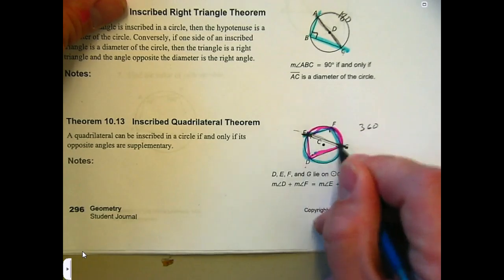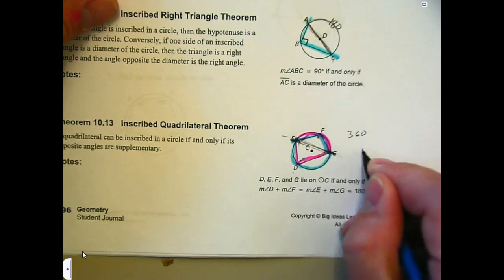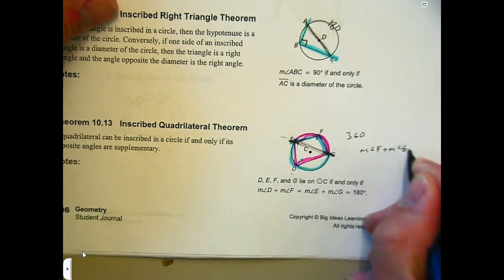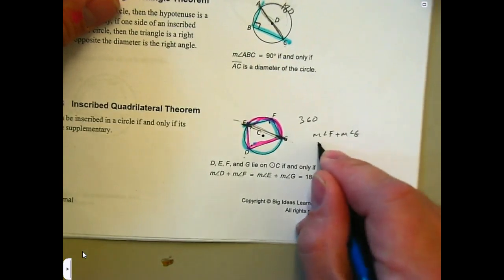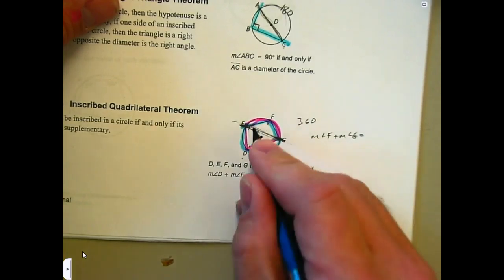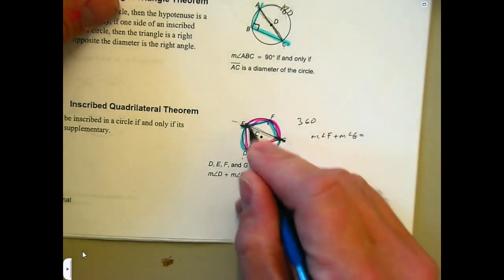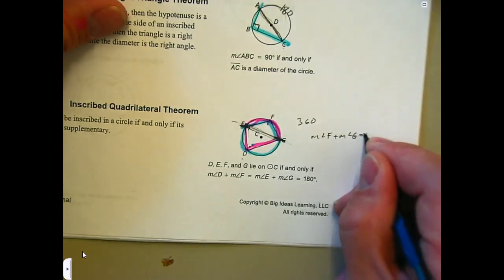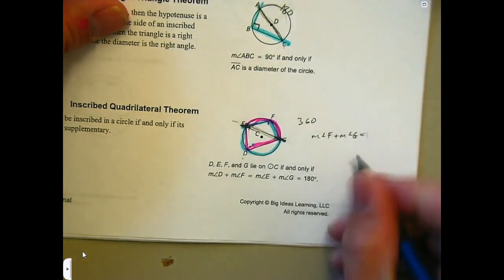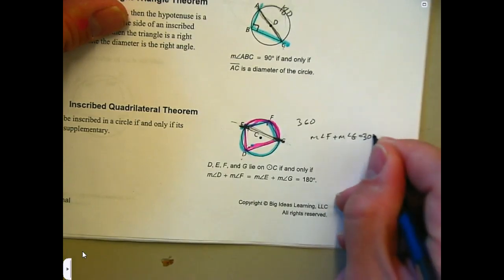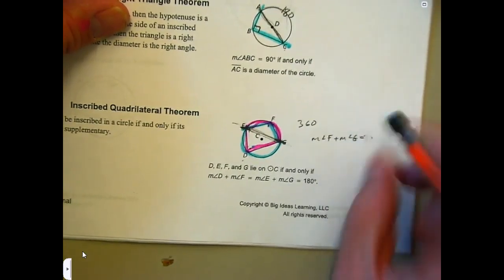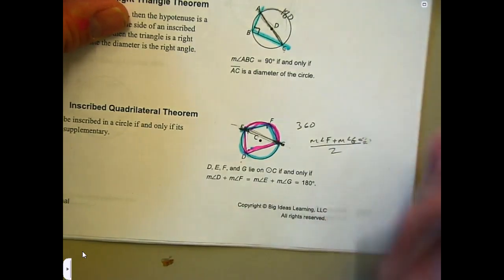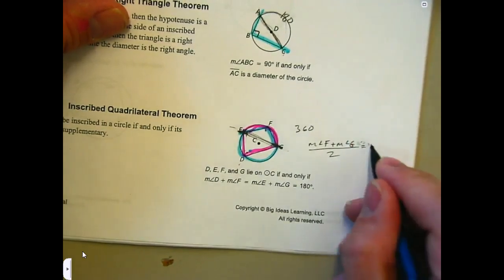If I combine this angle and that angle, angle F plus measure of angle G, divided by 2, well, those two angles together, the arc that subtends those angles would have to equal 360 total. If I want to find out the measure of the angle, I'd have to take that and divide it by 2. Okay, that would be 180 degrees.